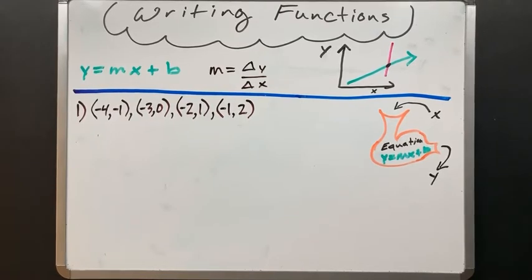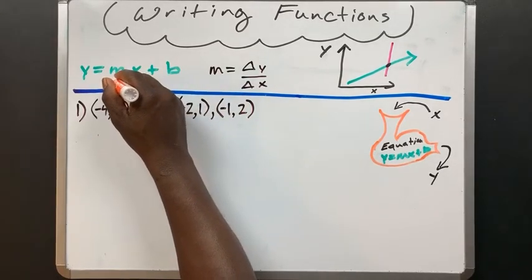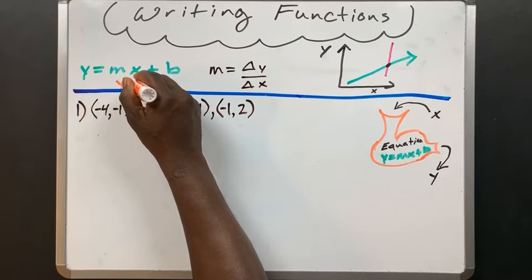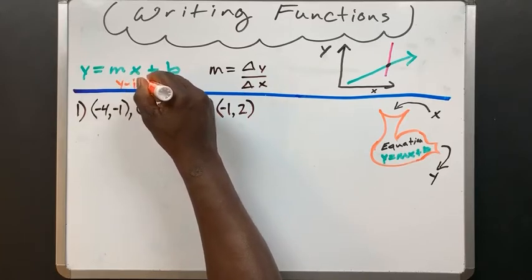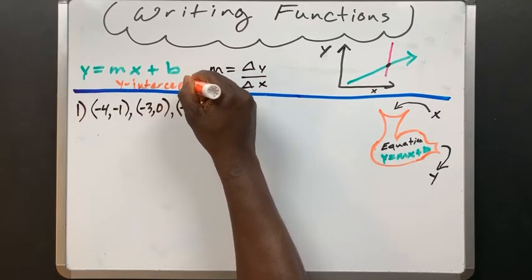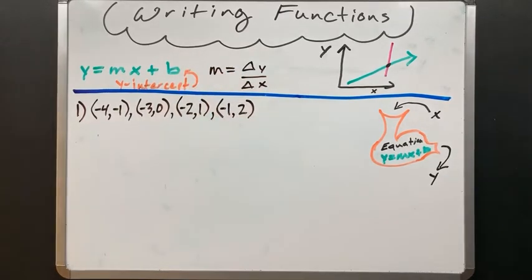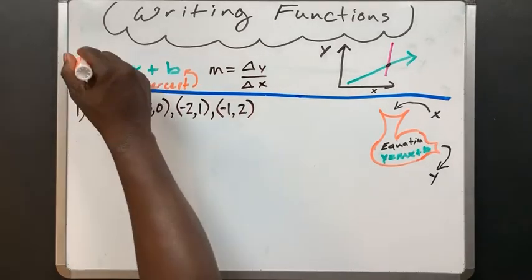So let me see if I can write that here. I'm going to say that this b is your y-intercept. Just getting a little vocabulary here. And m represents the slope.